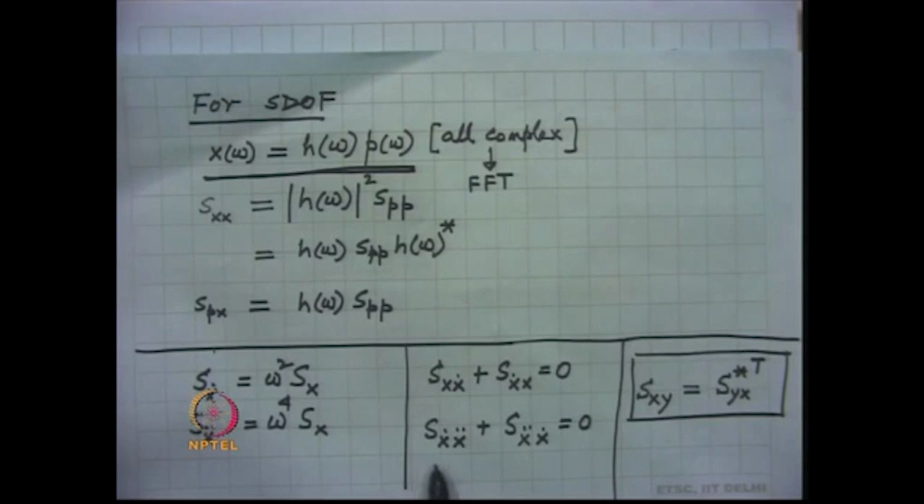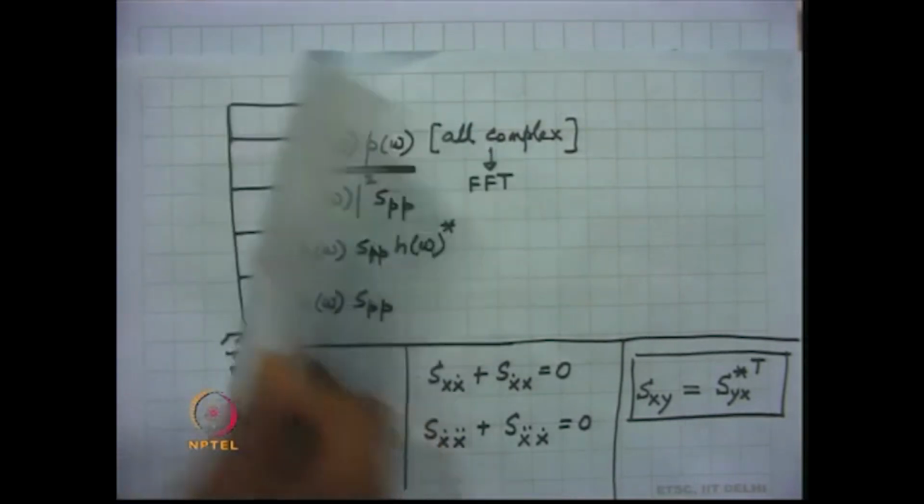Similarly, if for the velocity and acceleration we have a cross power spectral density function or cross power spectral density matrix, then we ignore that because of this reason, that this plus this becomes equal to 0. And also we had seen that Sxy is equal to Syx star transpose, that is the complex conjugate of this and transpose of that.